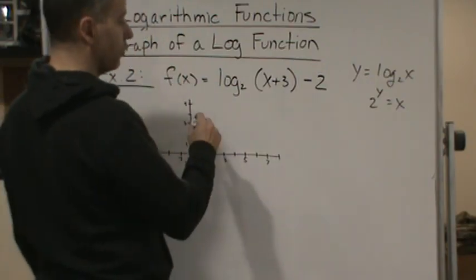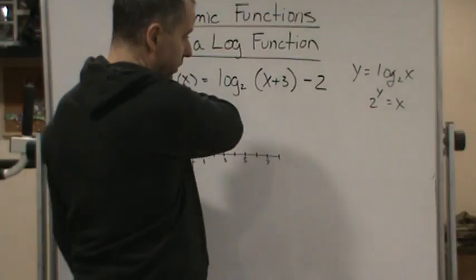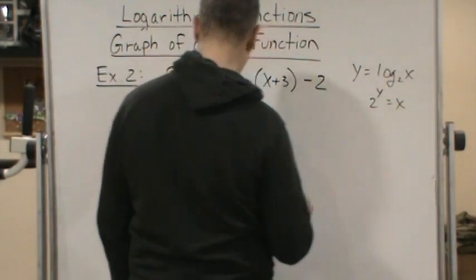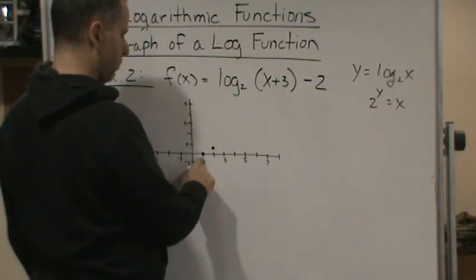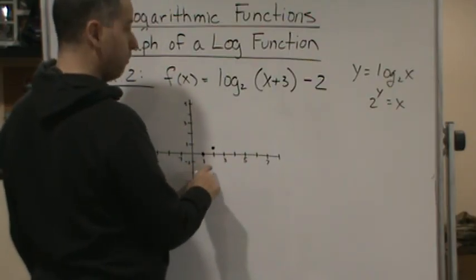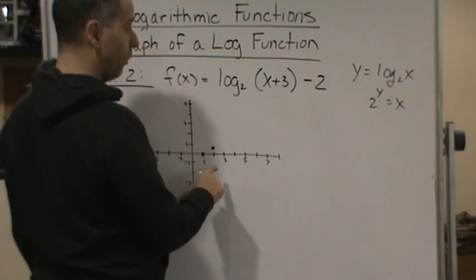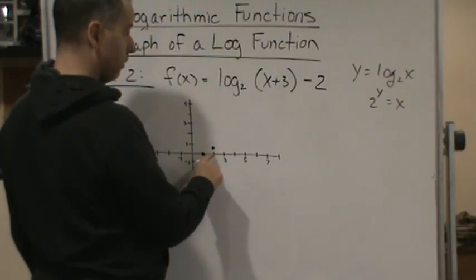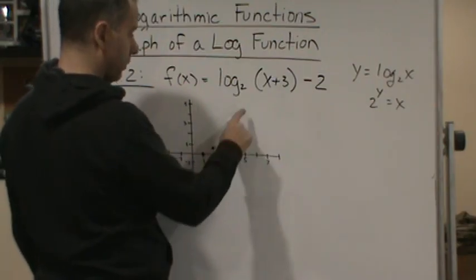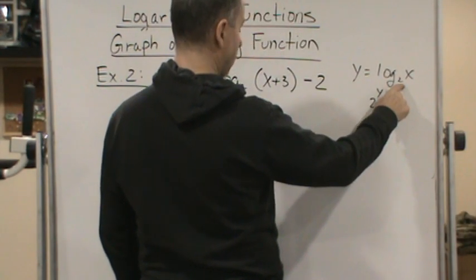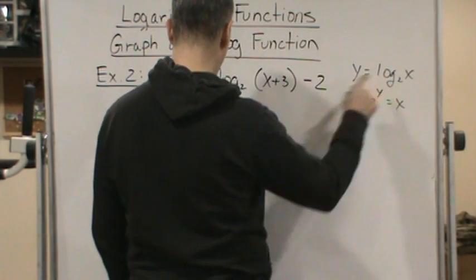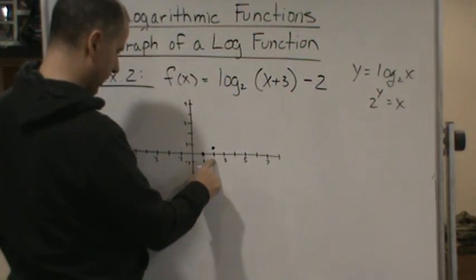So we also know it goes through those 3 points. It's going to go through 1, 0, b, comma 1. It's going to go through 2, 1, which we already plotted.